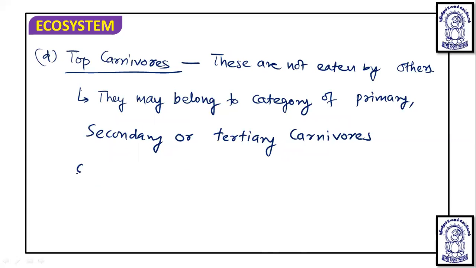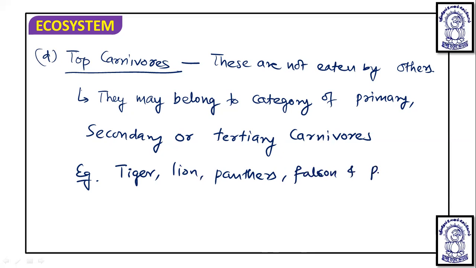The examples are tiger, lion, panthers, falcon, and peacock. These all belong to the top carnivore category.